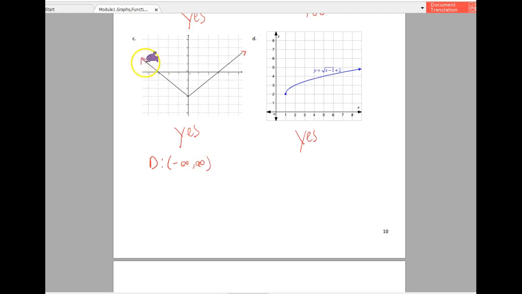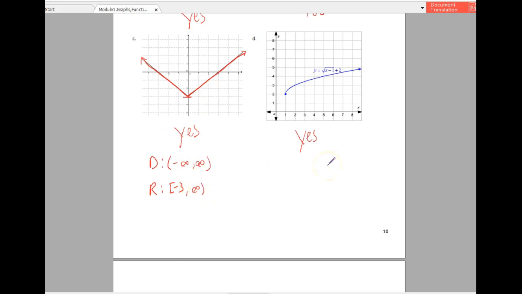And again, because it's continuous, meaning I never have to lift my pencil to draw it, it's going to hit all the points in between there as well. The range, so the lowest to the highest, the lowest point looks like -3, and it's going to go up forever, so up to infinity.